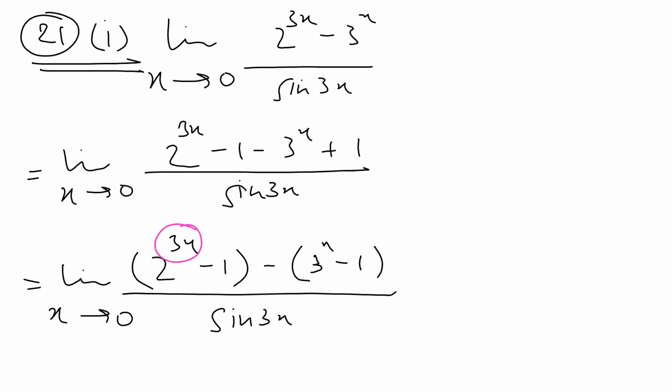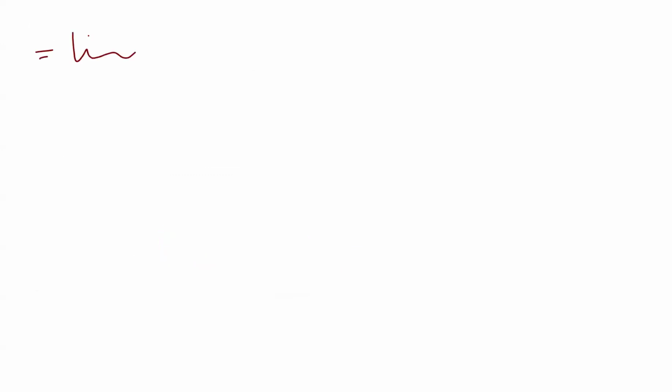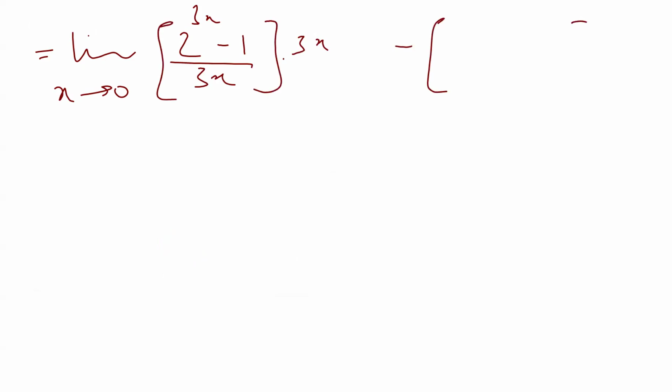Now this is 3x. So down 3x, multiply with 3x. This is x. Divide and multiply with x. This is 3x and divide and multiply with 3x. But don't be in a hurry to complete the problem. It has to be systematic. Minus (3^x - 1) upon x.